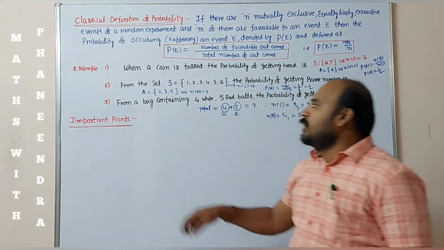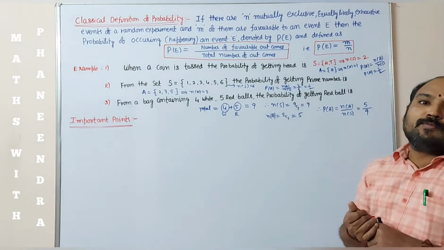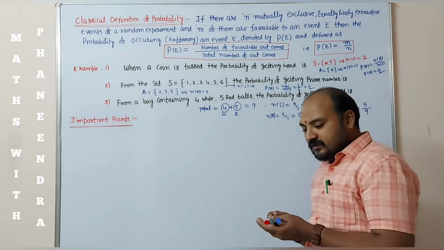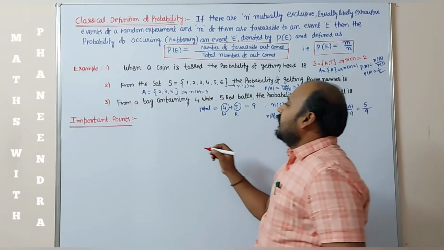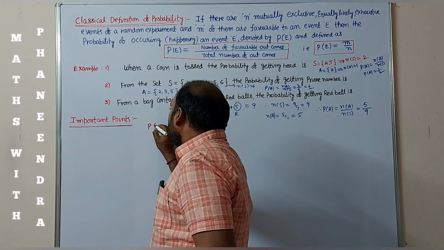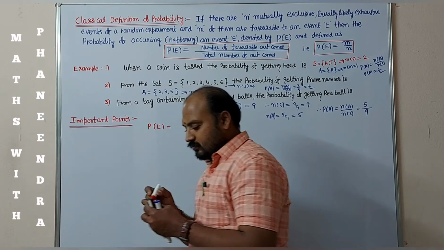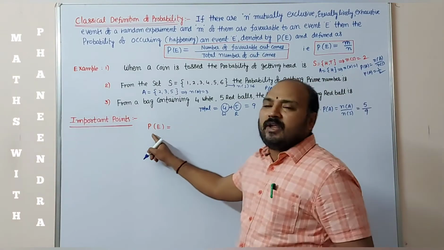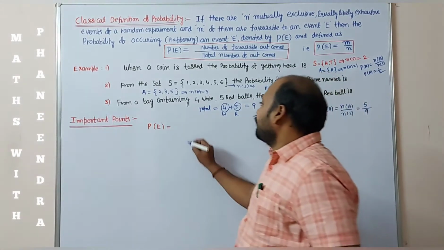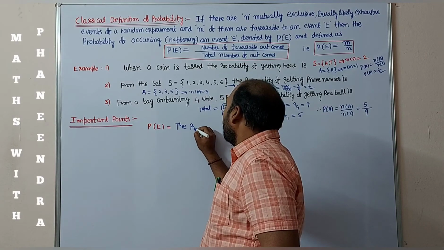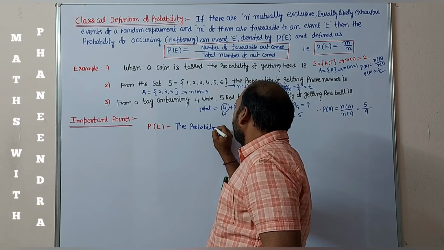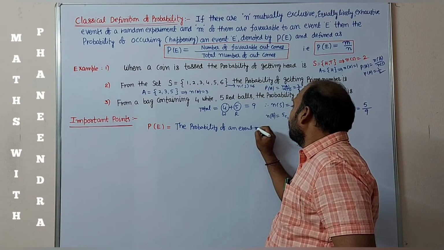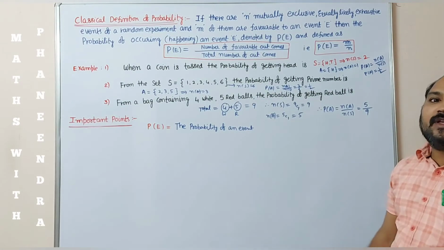Now we will discuss the important points. What are the important points here? The first one: P of E is the probability of an event. Let E be the event.